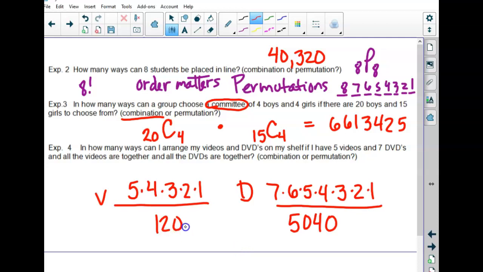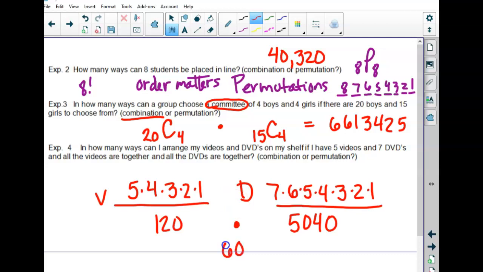So for these 120 ways, for every one of them, can I do one of these? I think so. I think because I can do these in a certain order and then these in a certain order. So I think we have to multiply. This is why I will never ask you this question, because I'm not feeling much confidence.